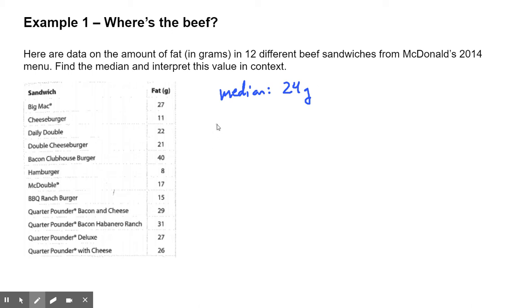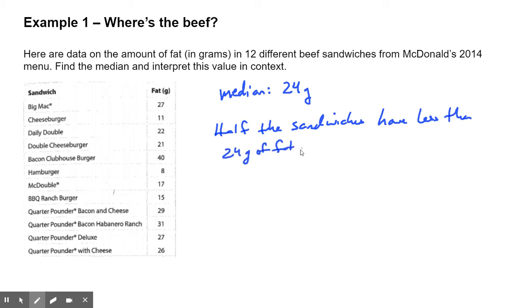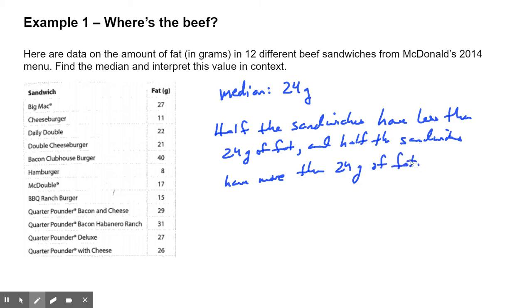Well, I would say that half the sandwiches have less than 24 grams of fat, and, lowercase, don't mean to be all English teacher on you, half the sandwiches have more than 24 grams of fat. And there we go.